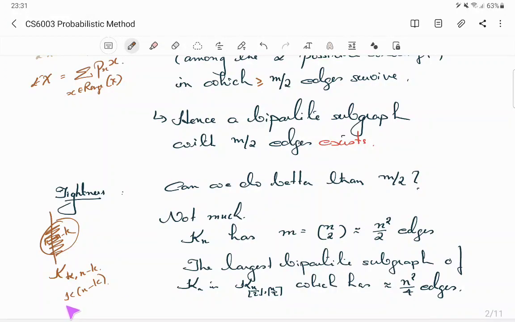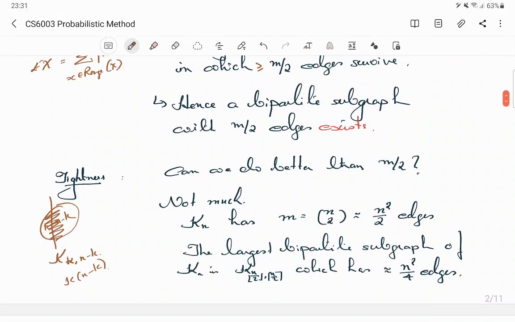Now you try to maximize it: which value of k maximizes this? You can either do a differentiation and set it equal to 0, or use the arithmetic mean, geometric mean inequality, and see that an equal split, where k equals n by 2, gives you the bipartite graph with the maximum number of edges. So the largest bipartite subgraph of Kn turns out to be the complete bipartite graph with floor of n by 2 vertices on one side and ceiling of n by 2 vertices on the other side.